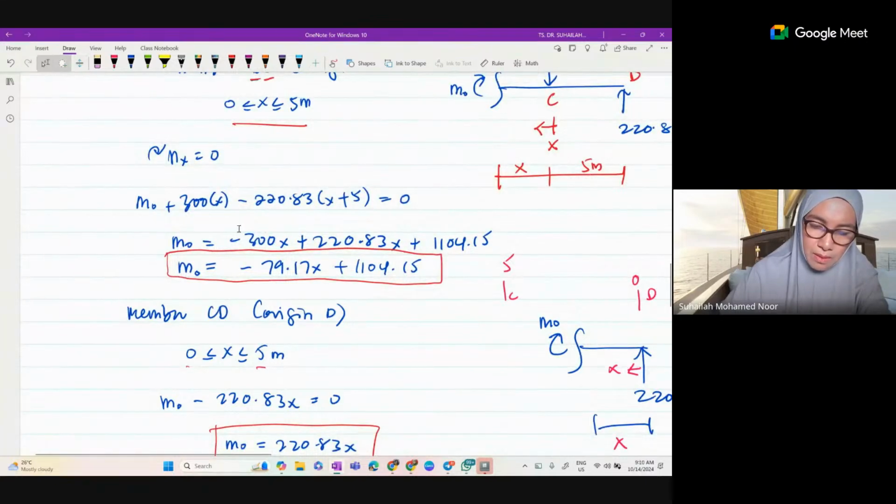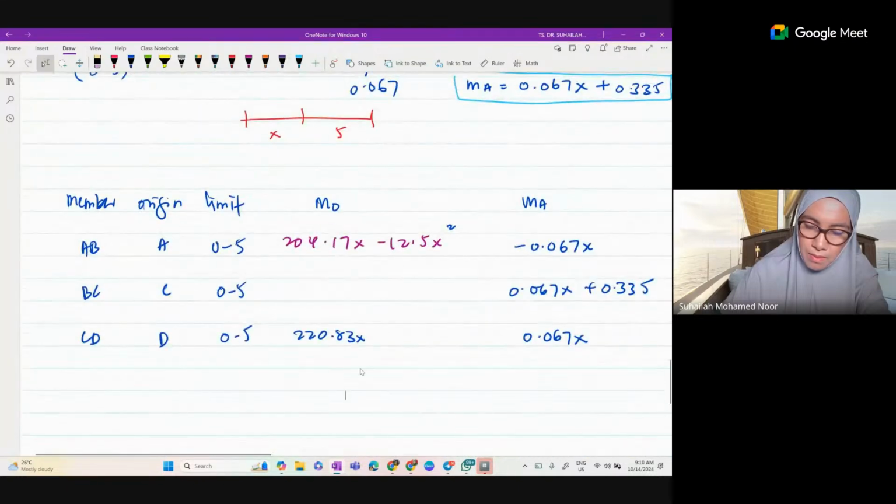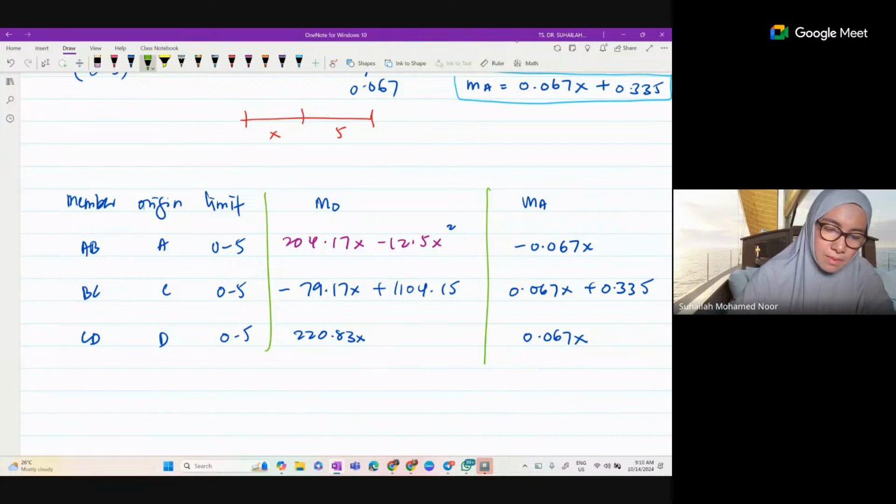This is for BC. Okay, so buat table bagi cantik lah. Okay, this is summarized moment equation. So yang important table ni lah. Table ni is very important, because nilai-nilai ni kena betul supaya you dapat the right displacement.